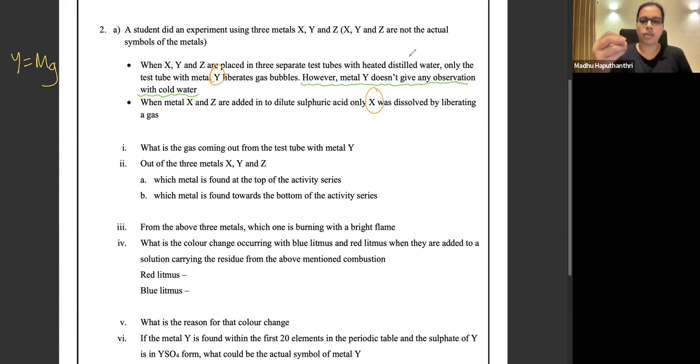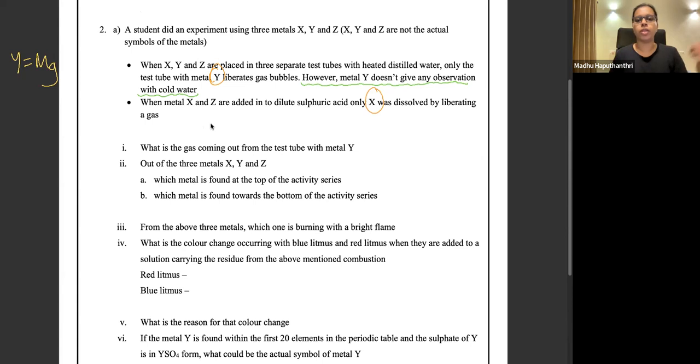If someone can react with water, it can definitely react with acid because acids are more powerful than water, right? But in here, in the second one, when you add the acid to X and Z, only X is reacting, still Z is not reacting. Right. Then tell me what is the gas coming out from the test tube with metal Y? What is the gas?